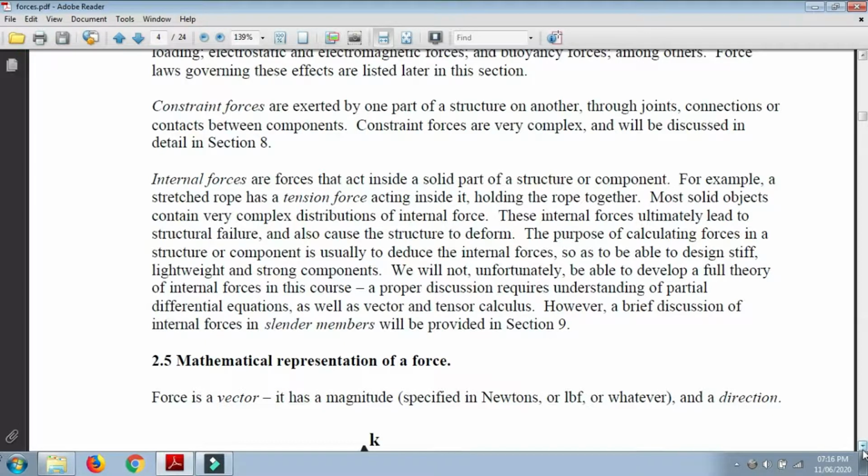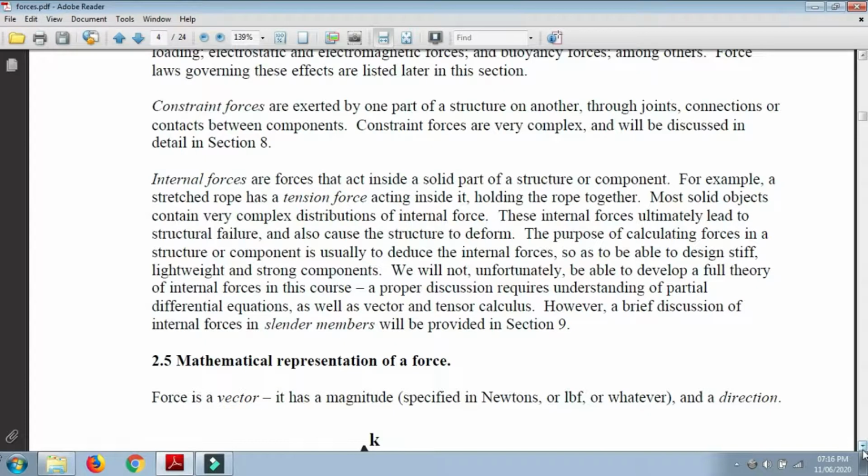As I explained in the various numericals we did in week 1 and week 2, there will be stretched ropes, or what are called cables. Whenever we do a force analysis on these cables or ropes, we will always assume that the force acting is a tension force, holding the rope together.